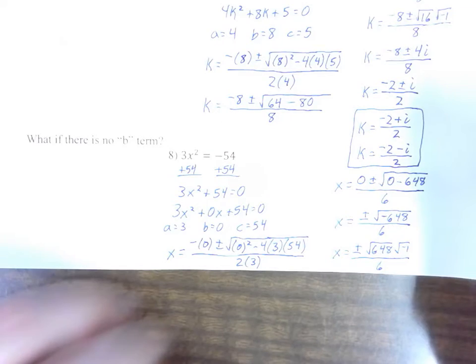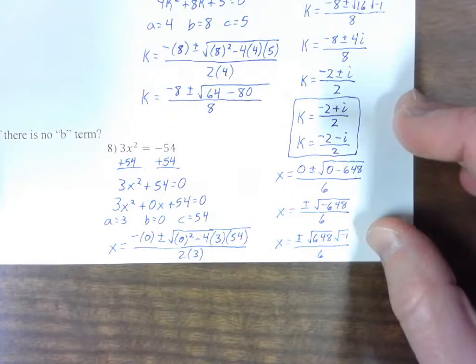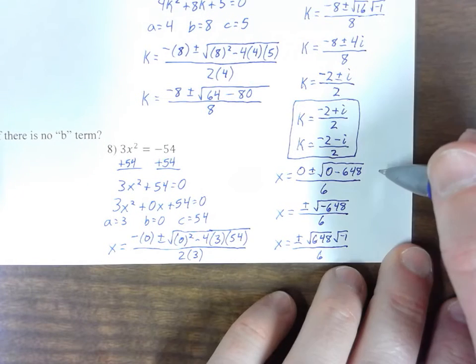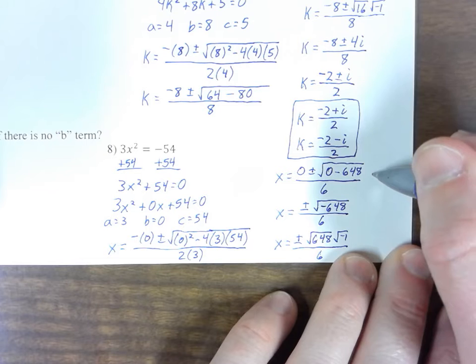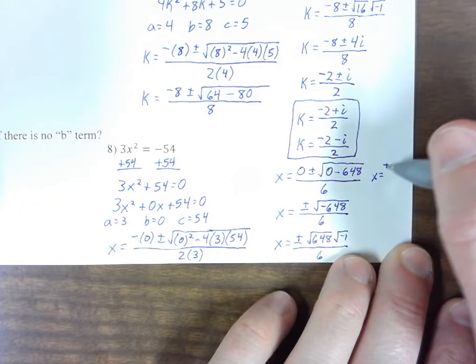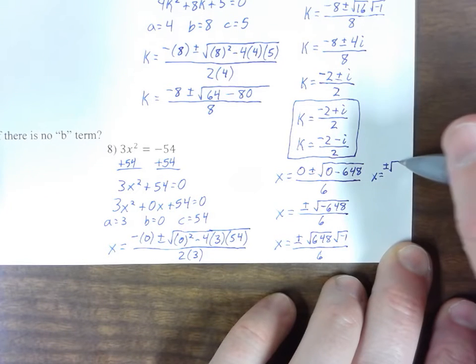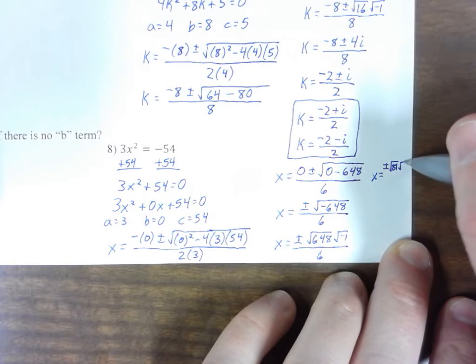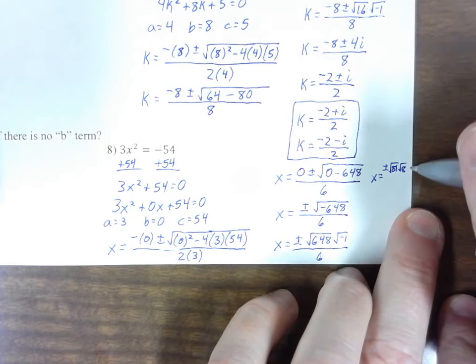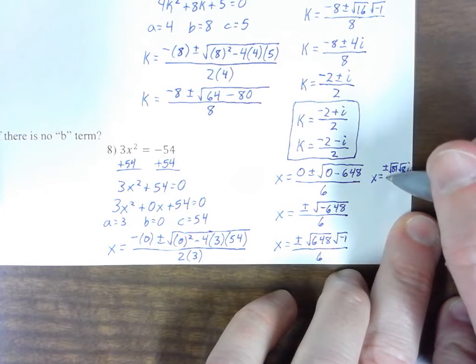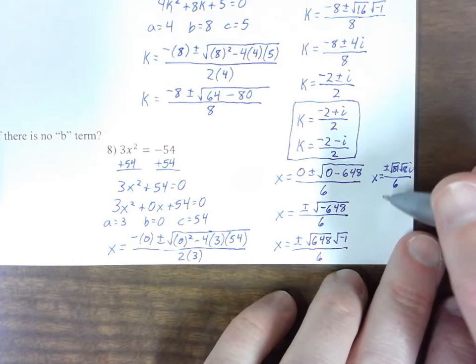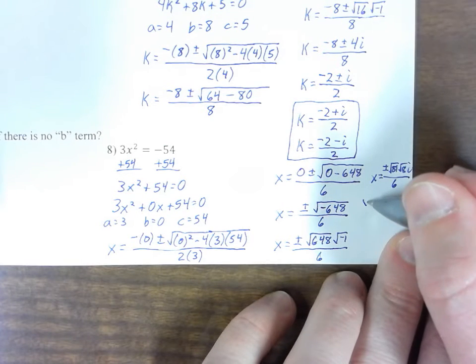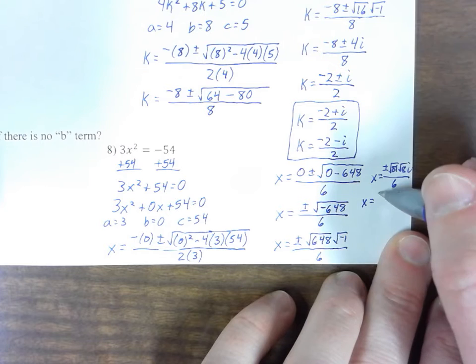So, writing really small here. Plus or minus, separate this into 81 and square root of 8, and square root of negative 1 is i. This is over 6. But I know square root of 81 is 9, but square root of 8 can separate.